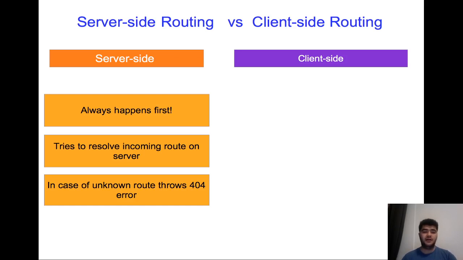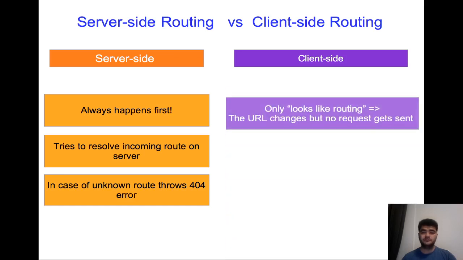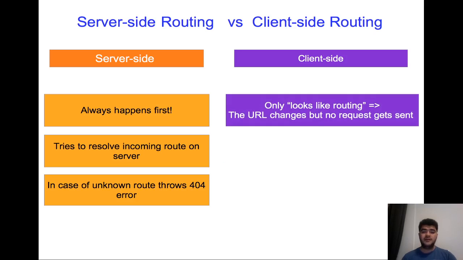Every time the user sends a request, the server will try to resolve that request and then respond with the new page. But client-side routing is a little bit different. It's more likely for modern applications, where the applications may be simpler, like the one we are doing. So it only looks like routing.